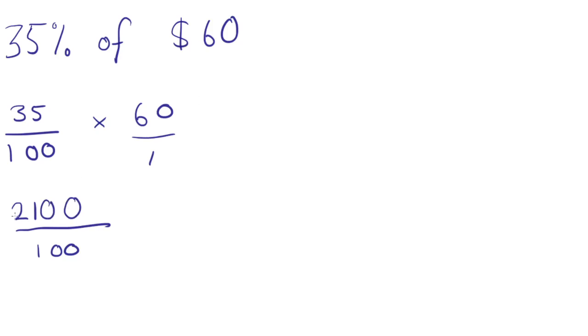So we've got 2,100 divided by 100. And same as last time, let's cross out the extra zeros. Really what we're doing here is 2,100 divided by 100, aren't we? And we get 21.